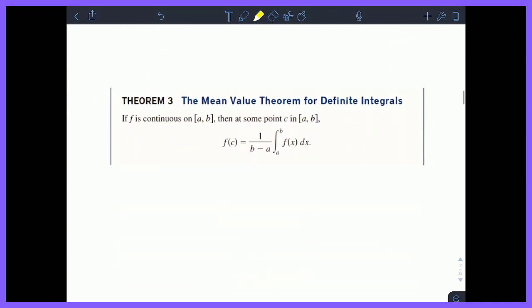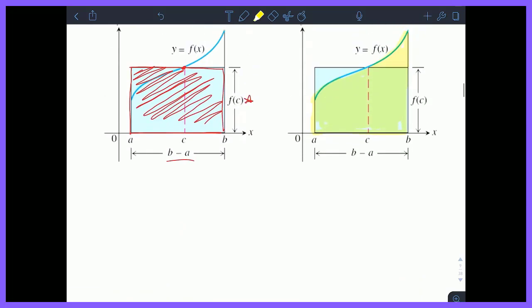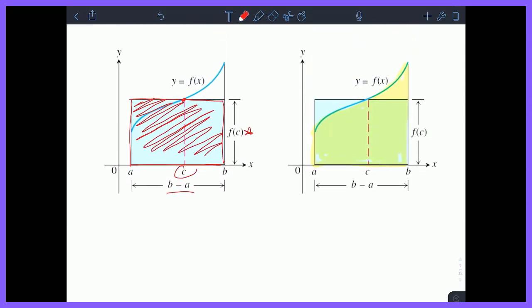The mean value theorem guarantees the existence of this value. So the mean value theorem basically states that f of c has to exist as long as f is continuous on a to b. c is the x value that produces the mean value. So if I go back to my picture for a minute, c is just this number. It's not really that important.